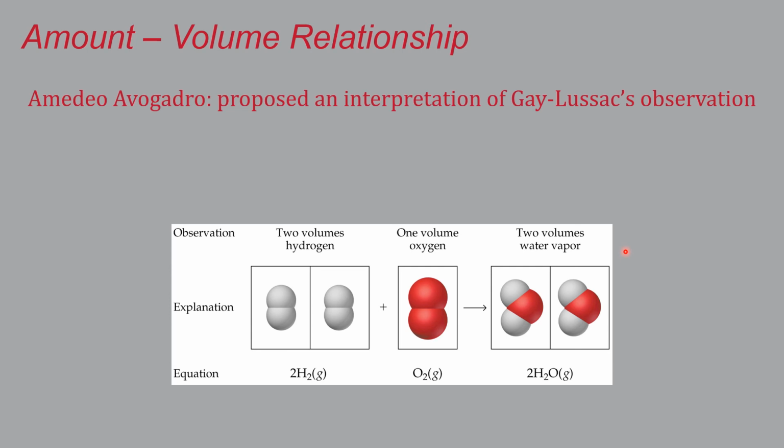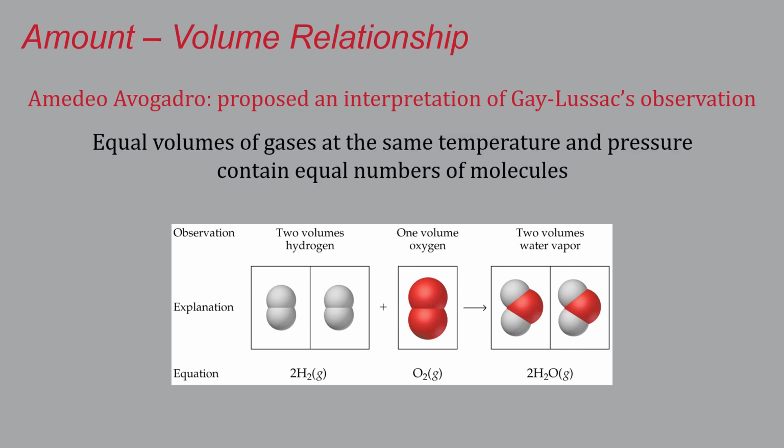And an Italian scientist by the name of Amedeo Avogadro, of number fame, had proposed a molecular level interpretation of that, namely that 2 volumes of hydrogen, there are 2 hydrogen molecules, reacted with 1 oxygen molecule to form 2 molecules of water vapor. And what Avogadro had said, to tie those 2 together, was that equal volumes of gases at the same temperature and pressure contain equal numbers of molecules, or equal number of moles of molecules.